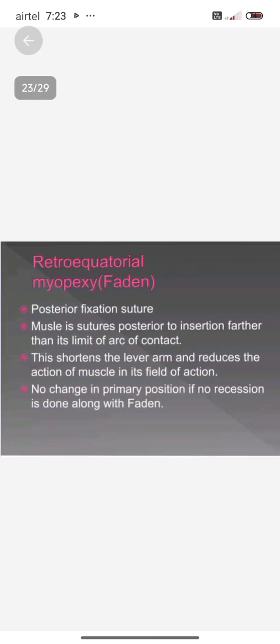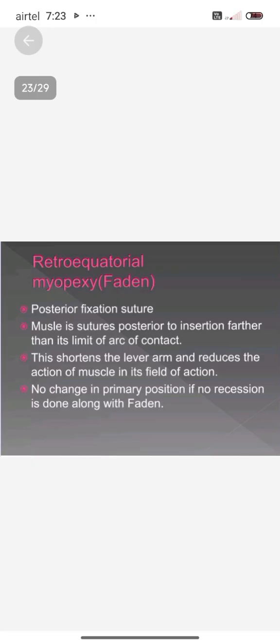Retroequatorial recession is the Faden posterior fixation suture. Muscles are sutured posterior to the insertion, further than its limit or arc of contact. This shortens the lever arm and reduces the action of the muscle in the field of action.